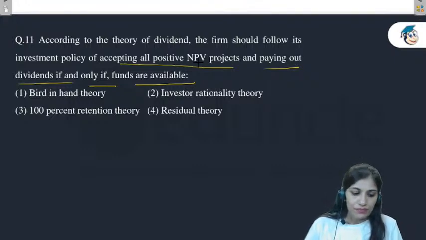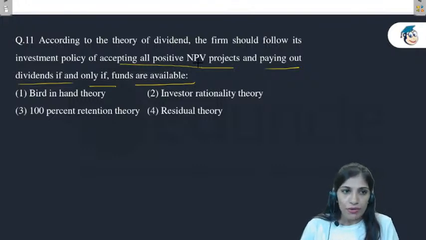See, before understanding this, we must understand, or we must know these other options also.